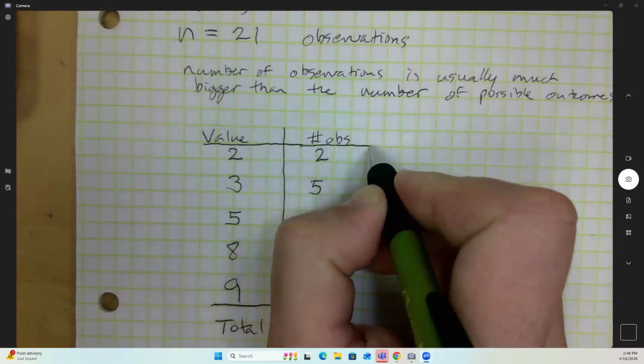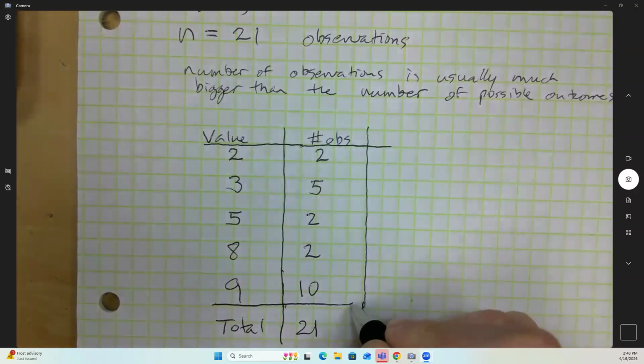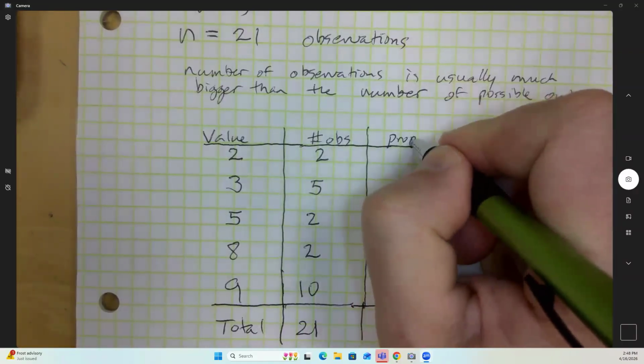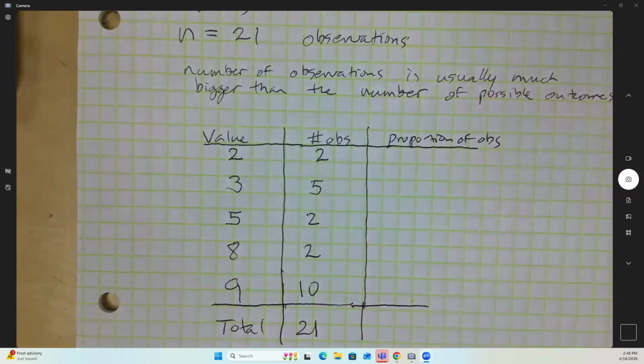Let's go a little farther and let's do a relative frequency table. Let's add that on. So this would be the proportion of observations.